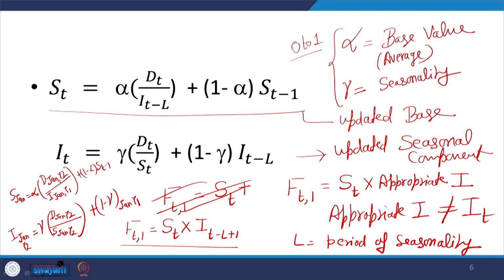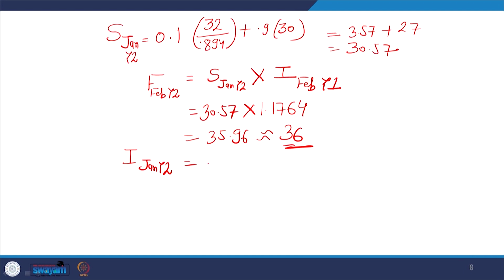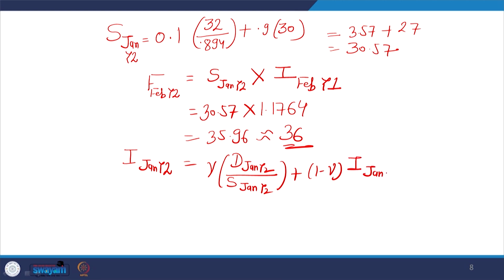So, I January Y2 will be gamma of the demand of January Y2 divided by S of January Y2, plus (1 minus gamma) into I of January Y1.